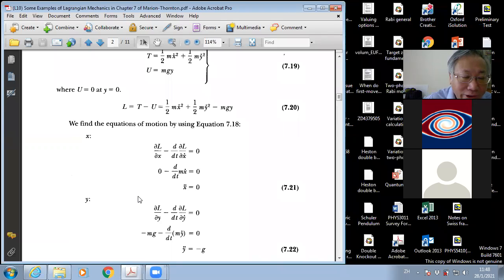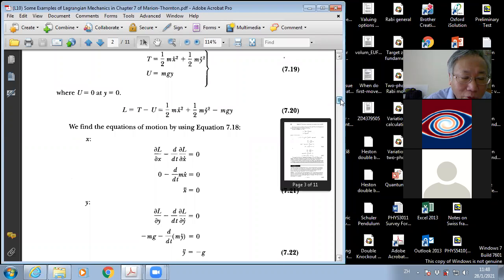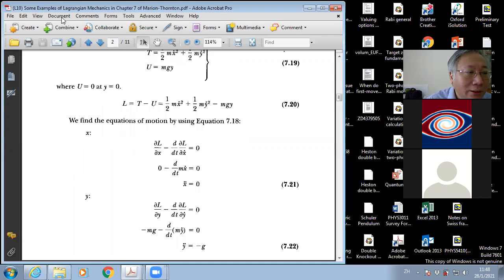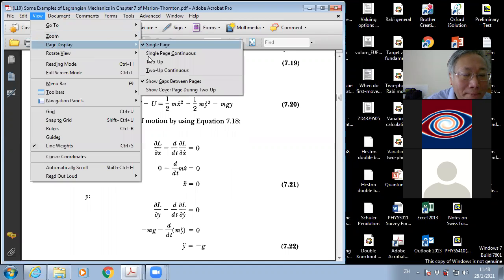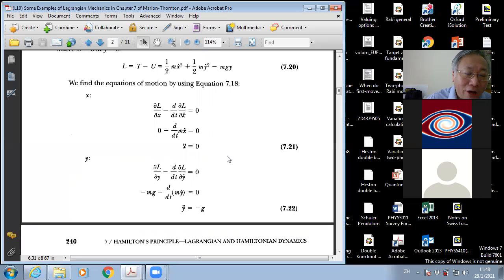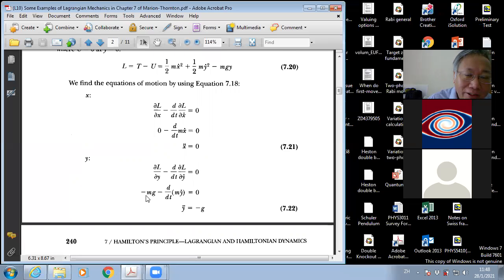Then in the y coordinate, we do the same thing. Round L round y, obviously, will give you minus mg. And the second term will give you y double dot.